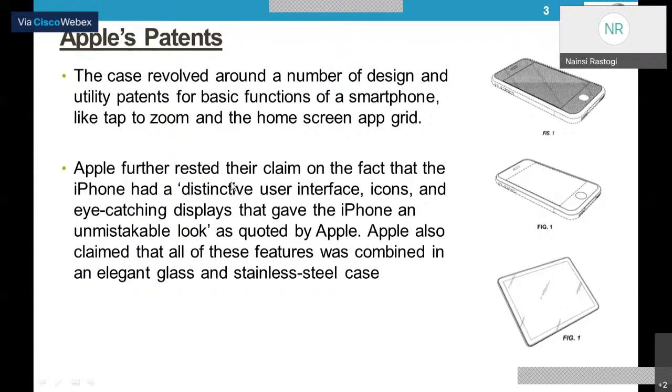But that was mistakenly or intentionally adopted by Samsung in their phones and tabs. So Apple sued Samsung for infringement of not one patent but multiple patents, for multiple functionalities that they claimed Samsung had copied.